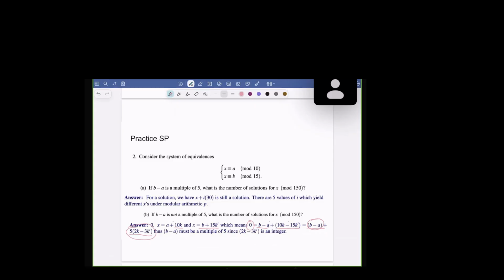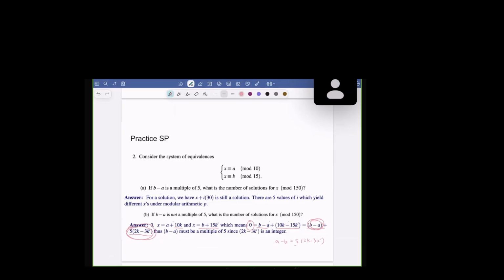Does that kind of make sense? Let me see if there's a more clear way to write this out. Since you know this is divisible by 5, if you distribute it and put a minus b on one side, it's equal to 5 times 2k minus 3k prime.